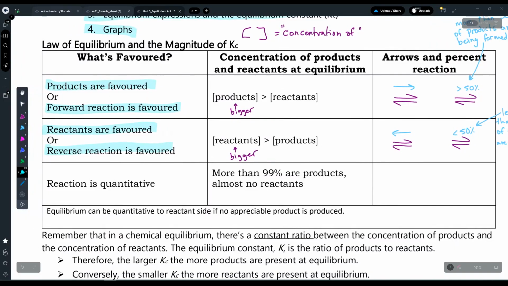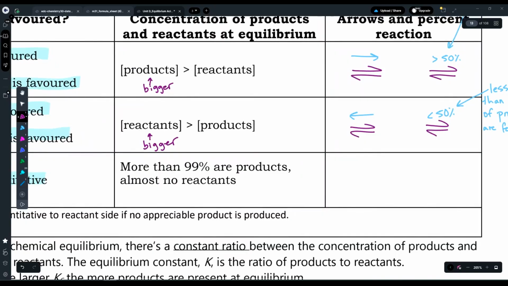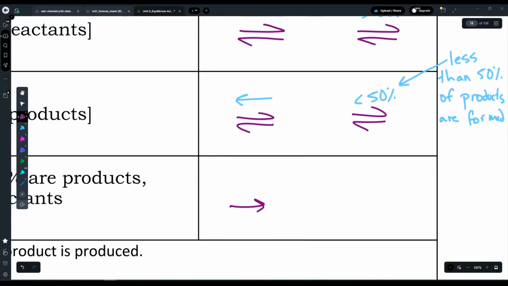If the reaction goes to completion, how we would communicate that is we'd say that the reaction is quantitative. That means you're essentially producing 100% or more than 99% of your products, and you have almost no reactants left over. How we would communicate that with arrows is you just have your forward reaction arrow, and with equilibrium arrows, you would communicate it like this: greater than 90% of your products are being formed.